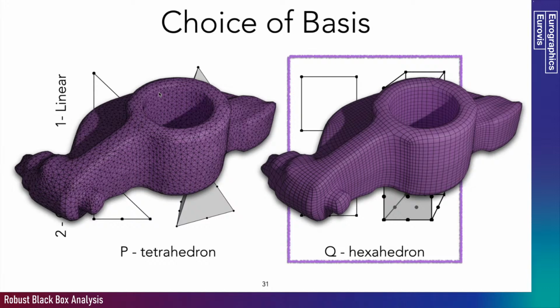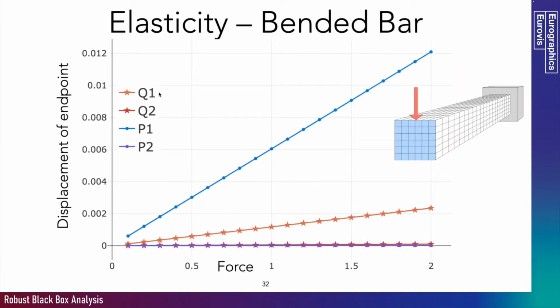So one of the simple experiments we can do is to see how these two methods behave for a regular grid, where creating a hex mesh is trivial. What we did is create a long bar, a cantilever bar. It's fixed on one side like in the picture, and then we apply some vertical force on the opposite face. What we can try to measure is the deformation at one of the endpoints of the bar.